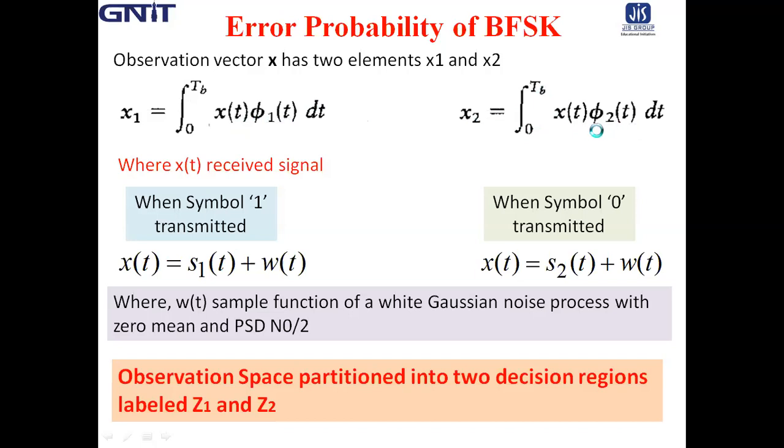where x(t) is the received signal, the form of which depends on which symbol was transmitted.